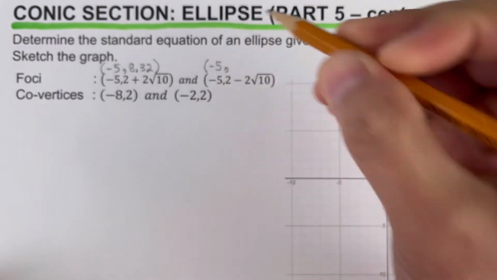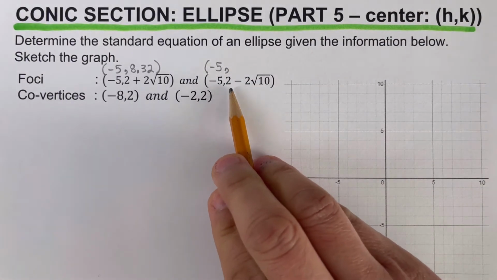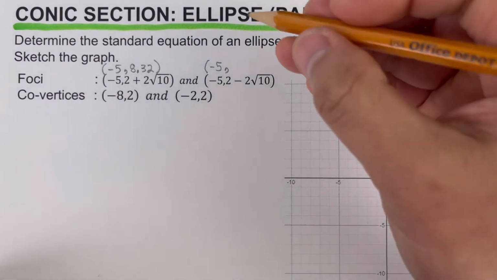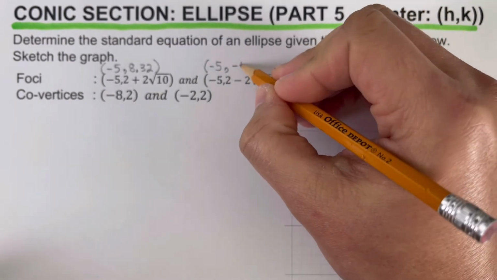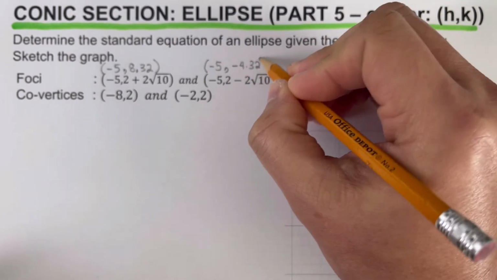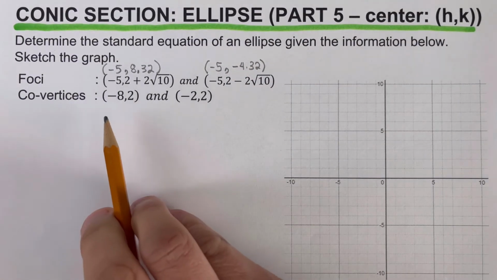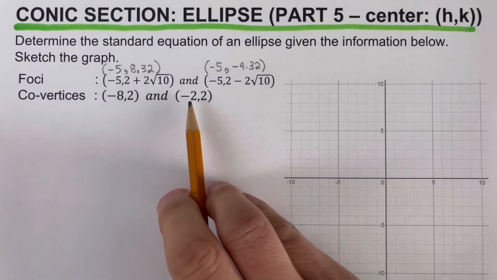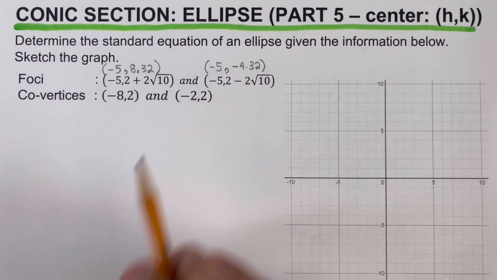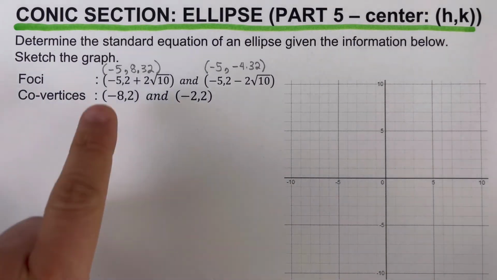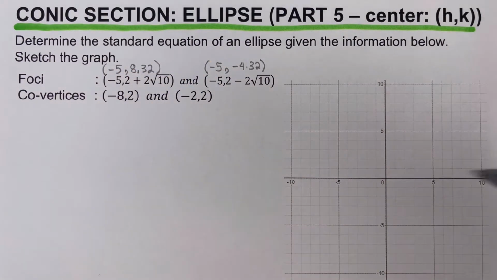And if we change this to its decimal version, 2 minus square root of 10 is -1.16. And then we also have the coordinates of the co-vertices and the coordinates of the other co-vertex. So that we can go ahead and plot these 4 points on this coordinate plane right here.